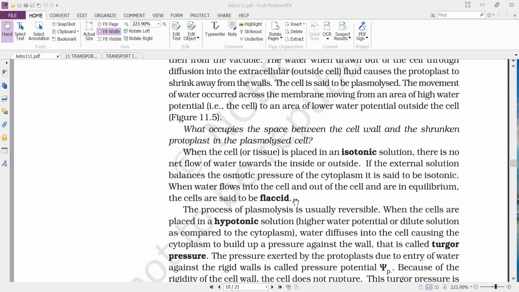The same number of water molecules entering the cell will move out of the cell at this equilibrium point. At this point, the cell is said to be flaccid.